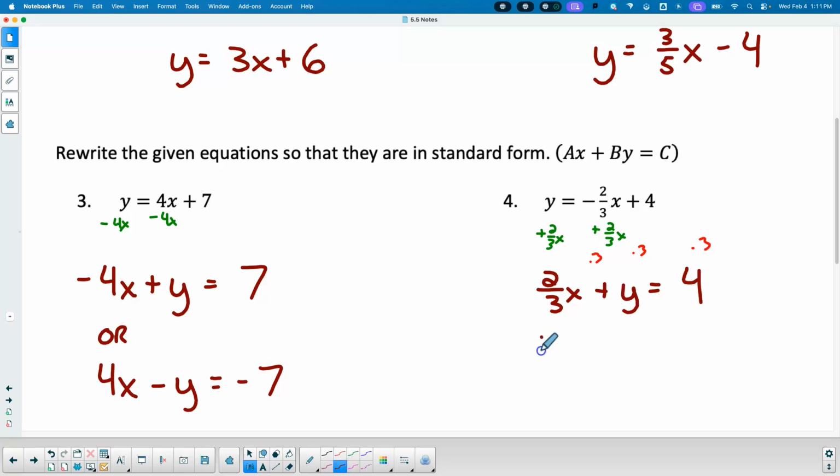And so I would really like 2x plus 3y equals 12. Okay? But I will accept 2/3 x plus y equals 4. Okay? Love it.